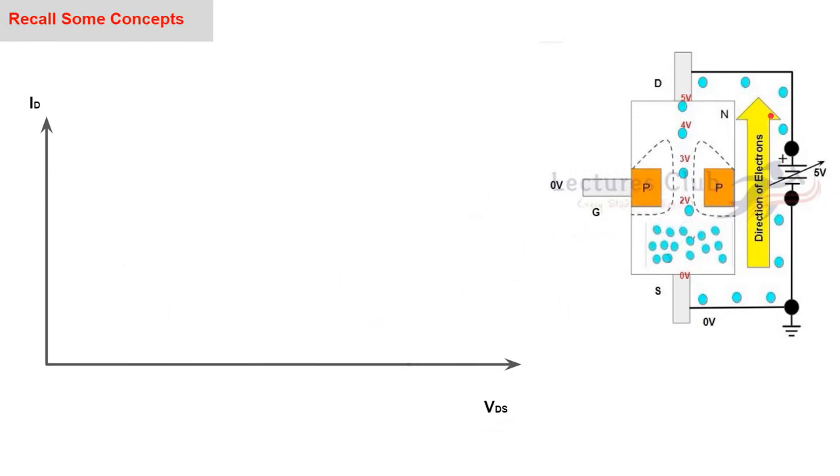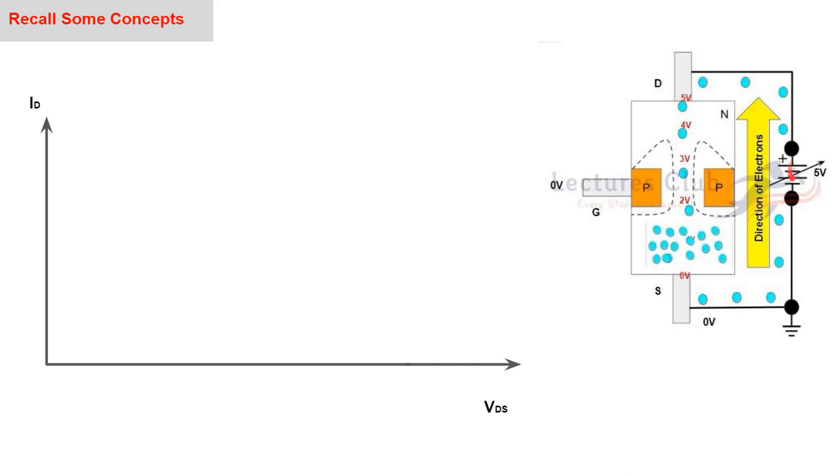So when we will change drain to source voltage, the drain current will change because the depletion region between the gate and the drain will vary, as well as depletion region between the gate and the source will also vary, because the change in the potential difference is taking place. You can see here the drain is connected to 5 volt and the source is connected to 0 volt, as well as the gate is also 0 volt.